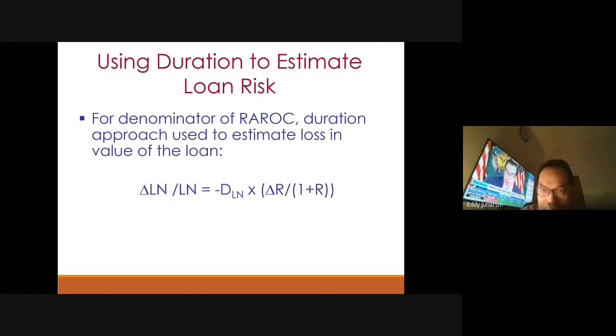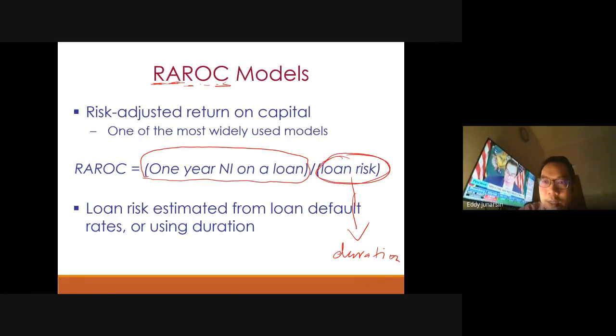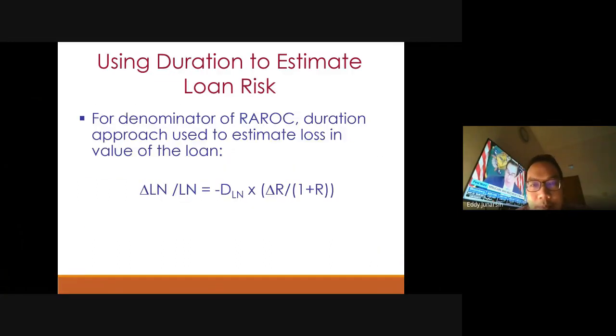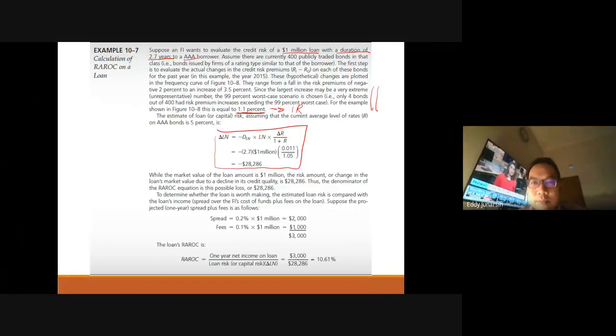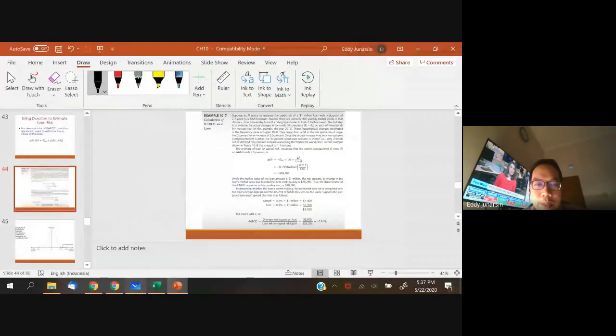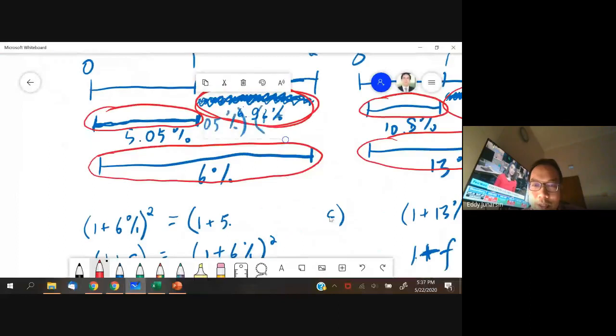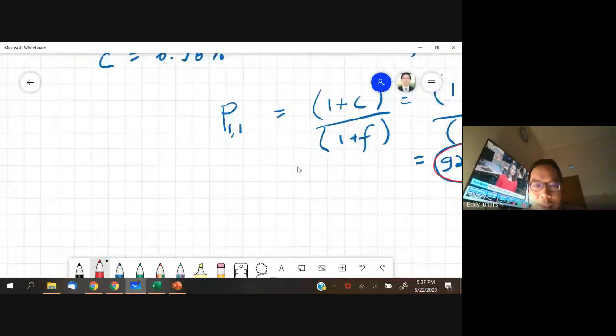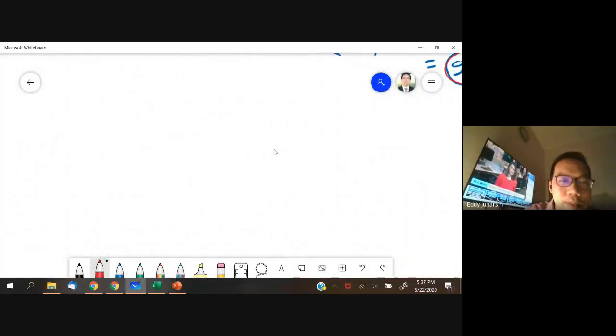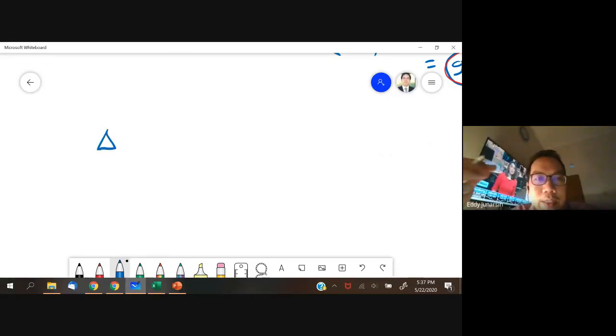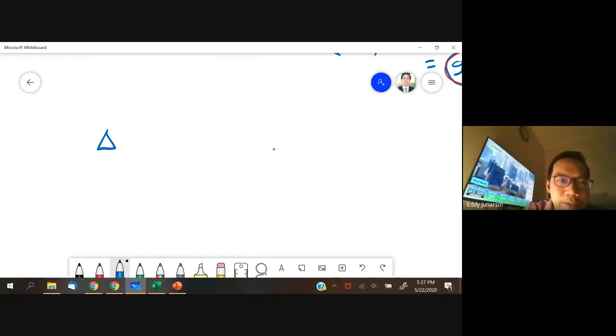The denominator is the loan risk. So the loan risk could be projected using the duration method. Do you remember the duration method? I will write it again so you could remember it. We are talking about the loan, right? The asset is in the form of a loan that we will give.